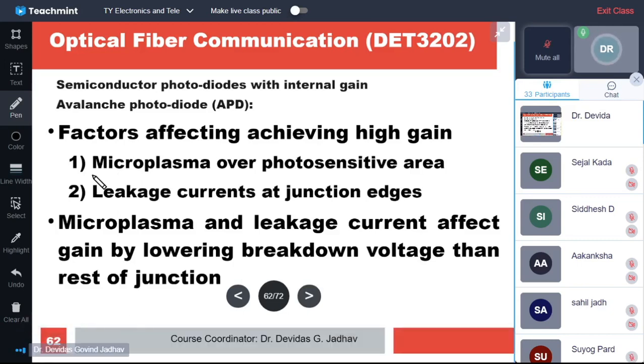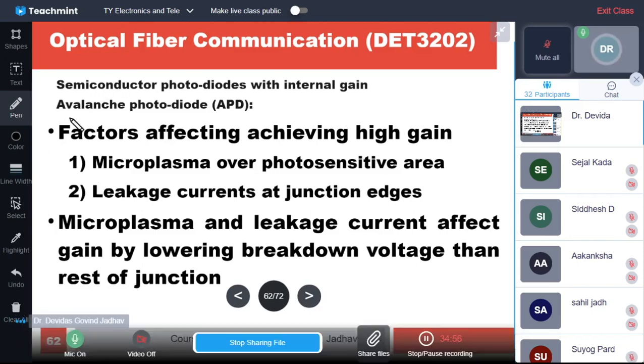This device has some factors which affect the achievement of high gain. What are those? First factor is microplasma and second is leakage current. Microplasma over the photosensitive area and leakage current at junction edges.